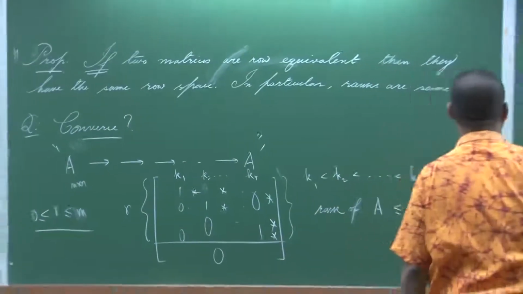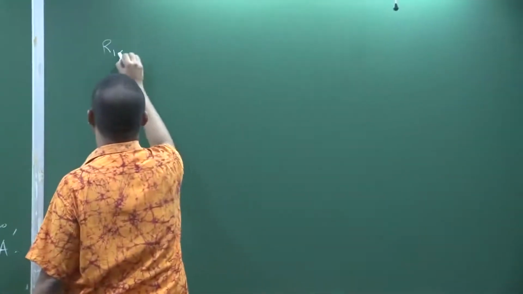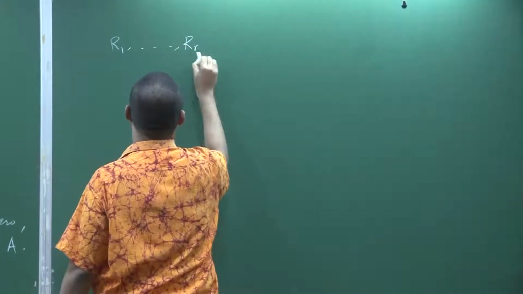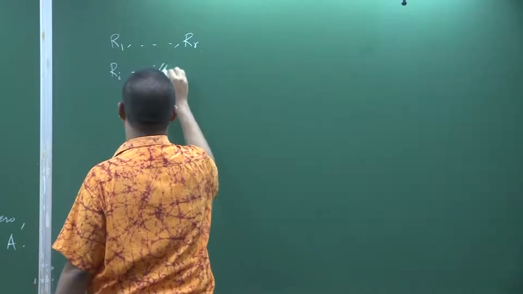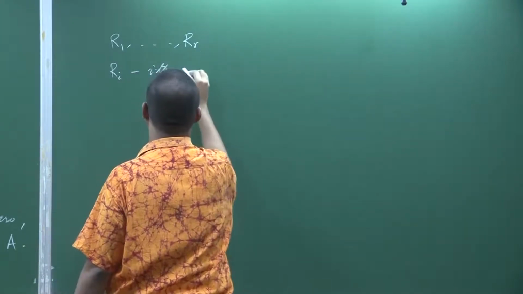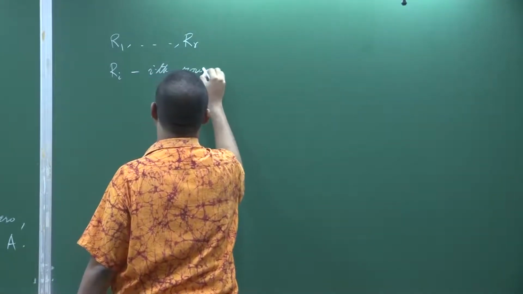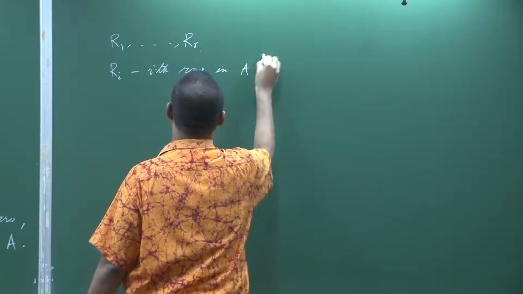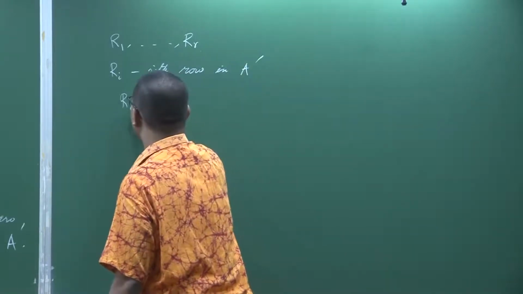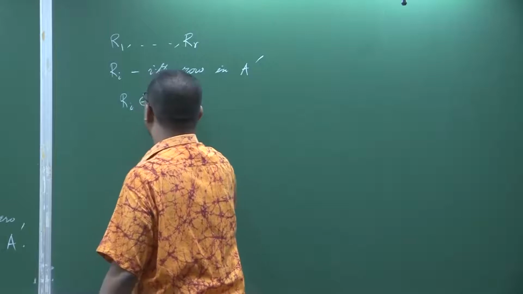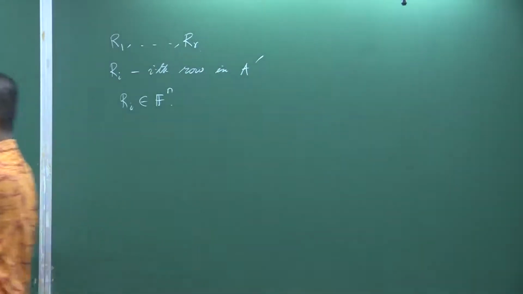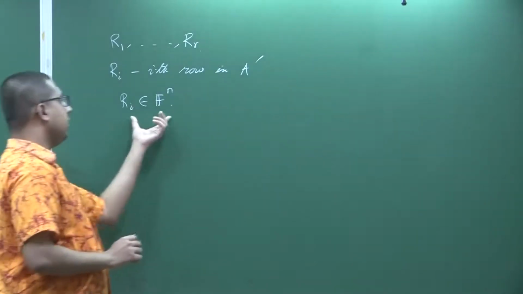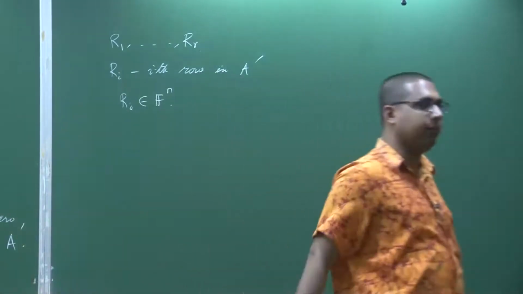Suppose we denote R1, R2, up to RR, where Ri is the ith row in A prime. Each Ri, if you regard this row as a tuple, can be regarded as a vector inside Fn.